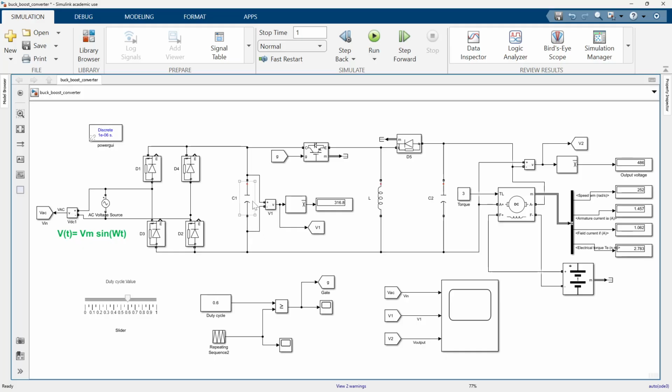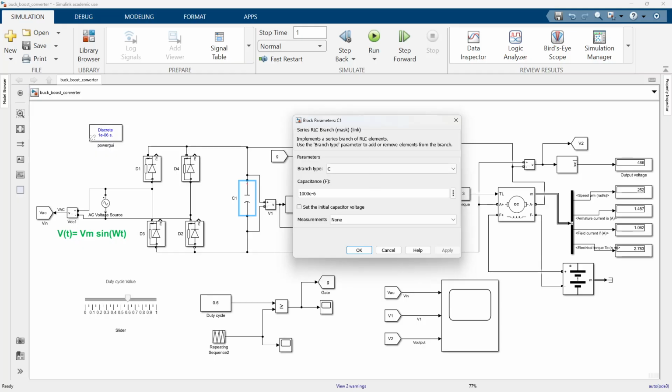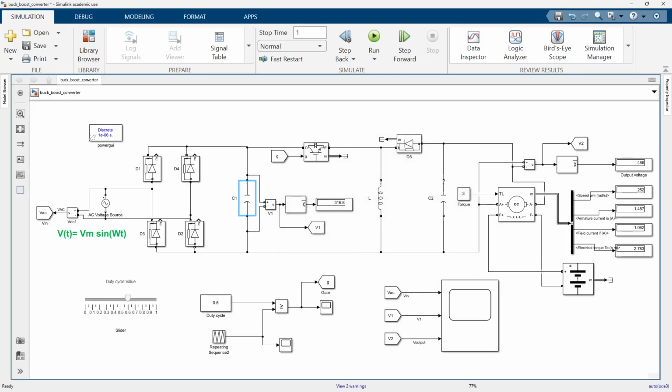Then the output from the diode is given to a capacitor C1, and the value of the capacitor is 1000 microfarad.